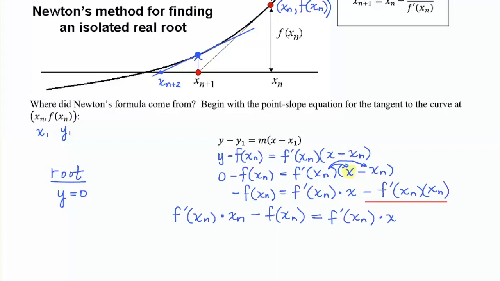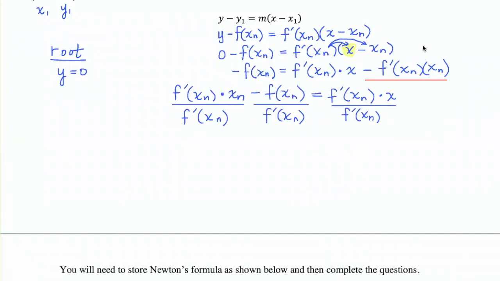And to continue getting x by itself, I want to get rid of this f prime x sub n. I will divide each term by that. Now I simplify each of these fractions. There's a common factor of f prime of x sub n in the numerator and denominator here, so those will cancel. Nothing cancels out of the middle fraction, but over on the right-hand side, I again have some nice cancellation that will occur.